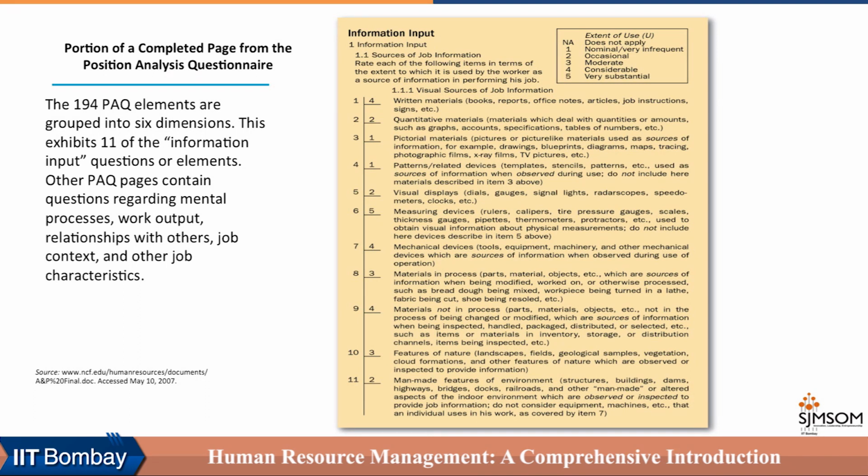It comes from written material, quantitative material, pattern-related devices, etc. This is just an example, and in front of those we give some number, whether it applies, nominally applies, or substantially applies in the particular job. So, the position analysis questionnaire is done on these few dimensions: work output, processes, relationship with others, etc., and different kinds and different degrees of those 6 dimensions are mentioned in the instrument.